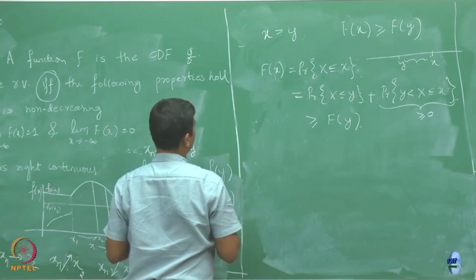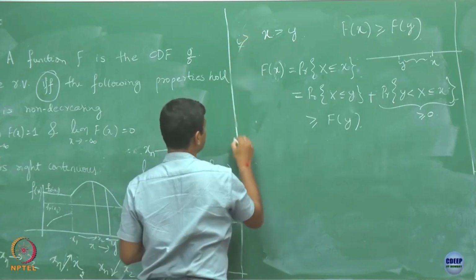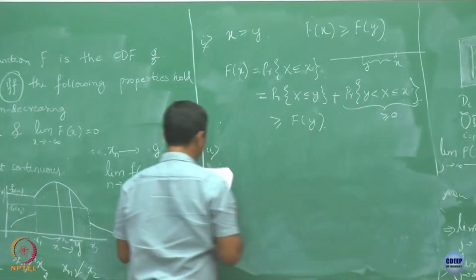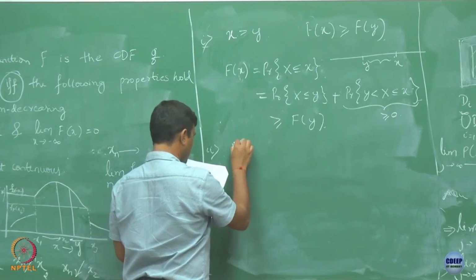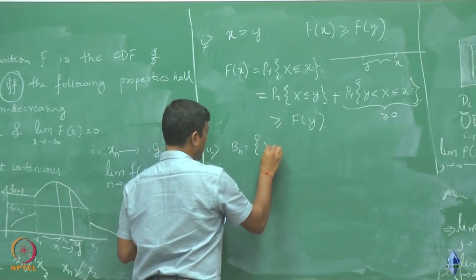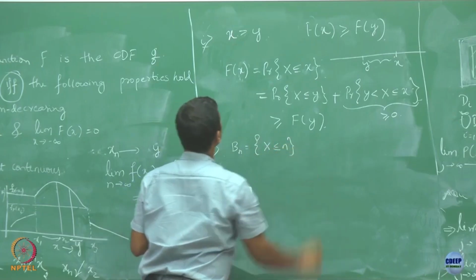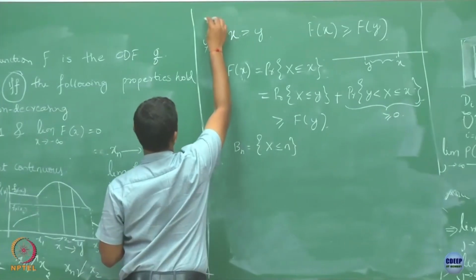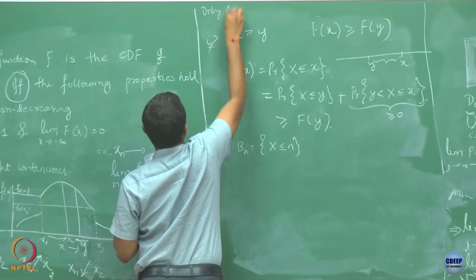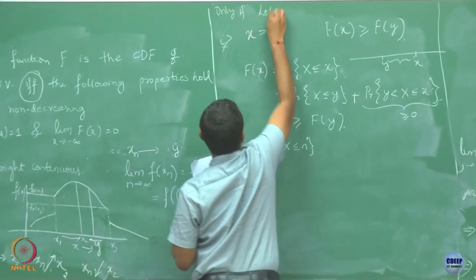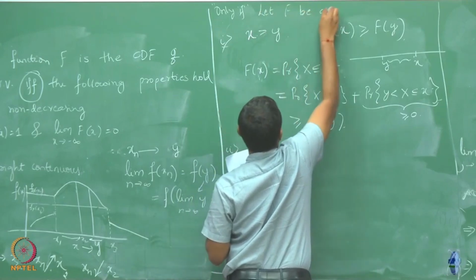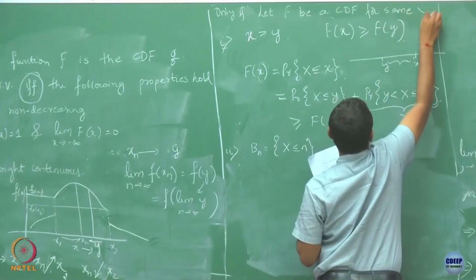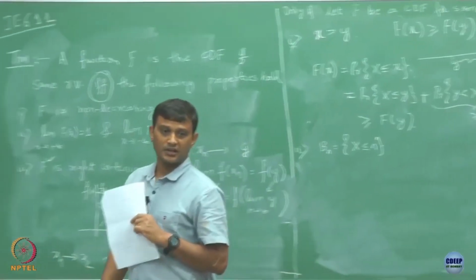So now let's try to show the second part. To show the second part, let's take a sequence B_n, the event that X is less than or equal to n. Before I do this, when I say the "only if" part, I am going to say let f be the CDF of some random variable X, and then I am doing this.